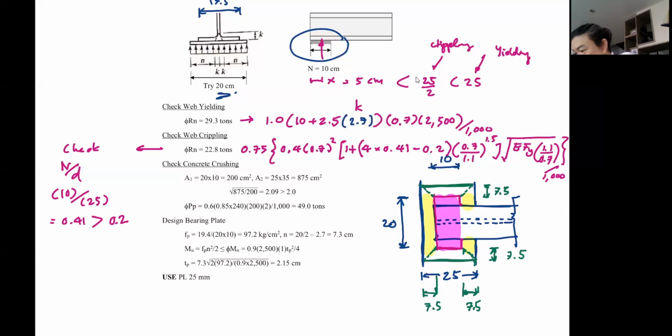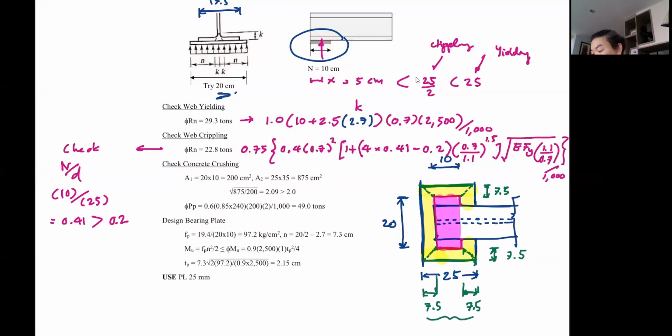Okay, I'm going to use the yellow again. So that's my A2. Okay. Anybody has any question? So A2, on this dimension, for the width, A2 is 25, correct?